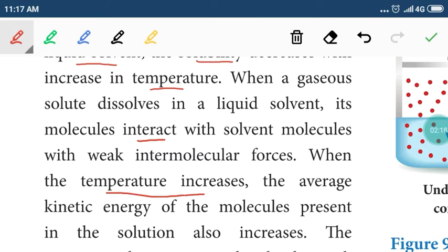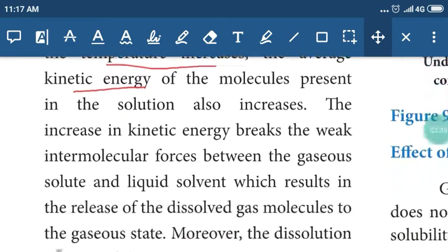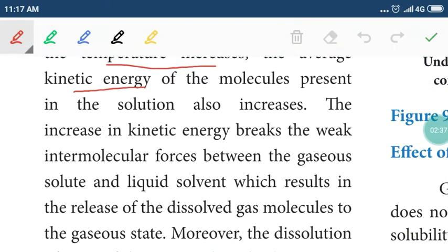Due to the increase of temperature, the kinetic energy of all the molecules is increased. We have solute particles as well as solvent particles. The kinetic energy of all the molecules of a solution will be increased. So due to this increase of kinetic energy, the collisions will be more between the molecules, thereby the intermolecular forces present between solute and the solvent will be broken.